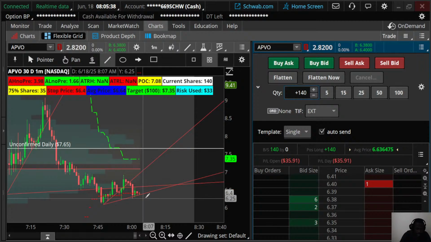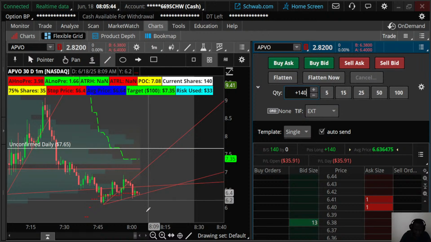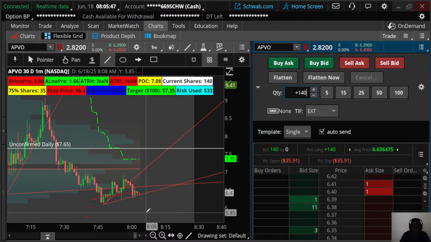This thing keeps playing with souls in here. Need to see heavy buying, heavy orders come in at 640.